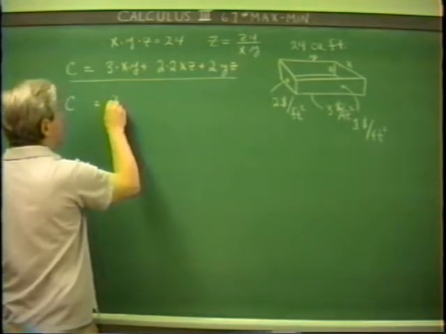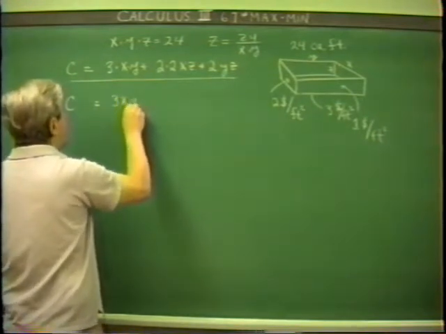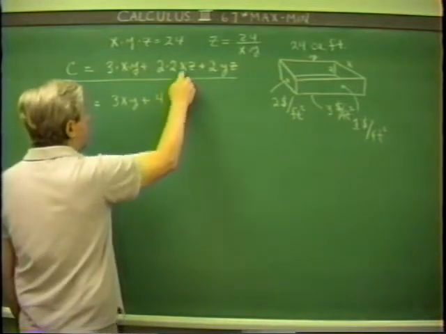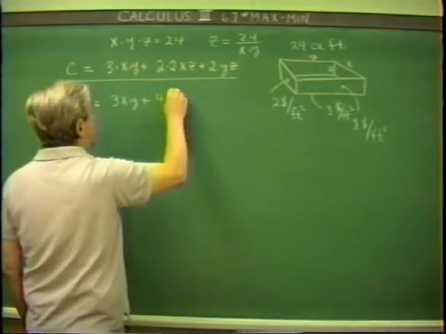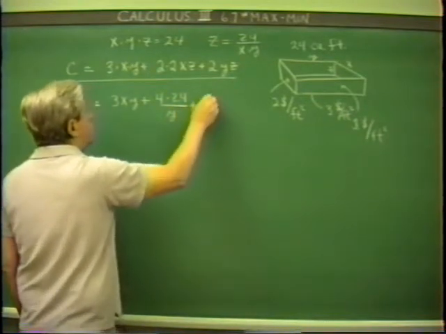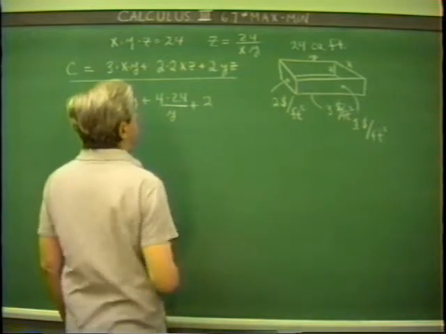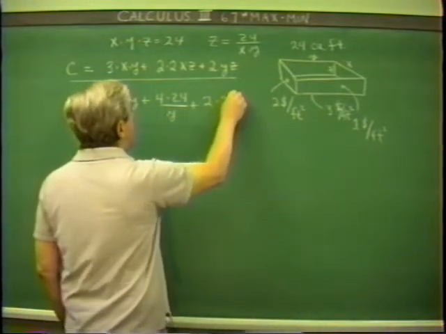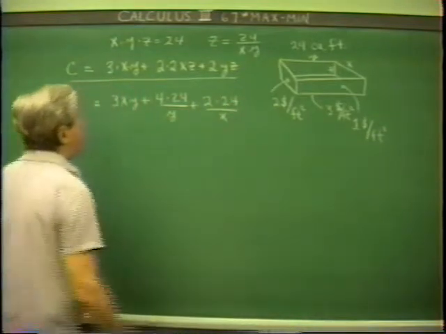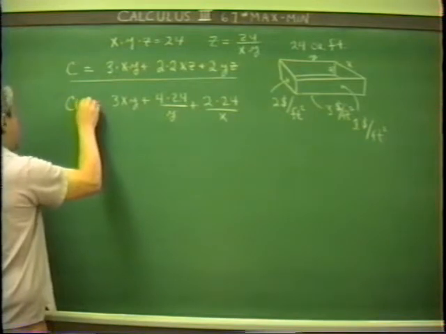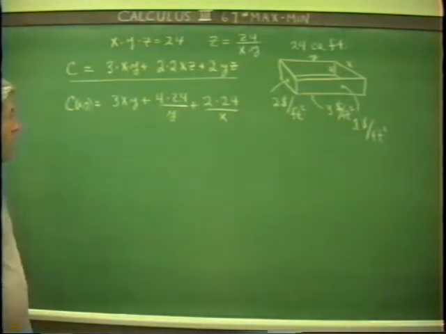So we now have the cost is equal to 3xy plus 4 times x times z, which is times 24 over xy, so 96 over y, plus 2 times y times z, which is 2 times 24 over x. The y's will cancel. So now we have the cost here, and it's a function of x and y.